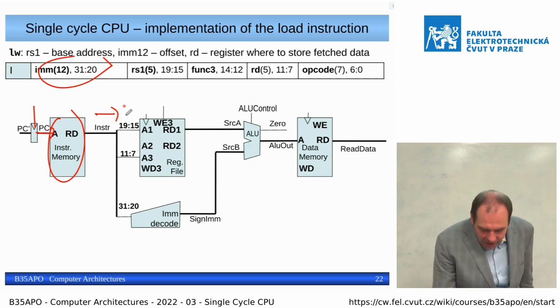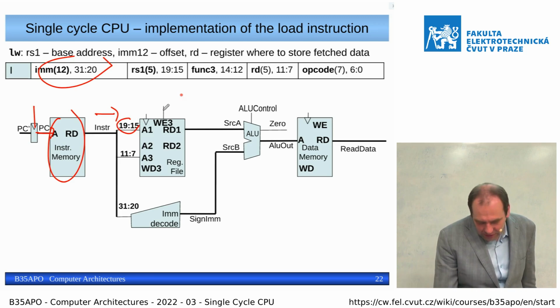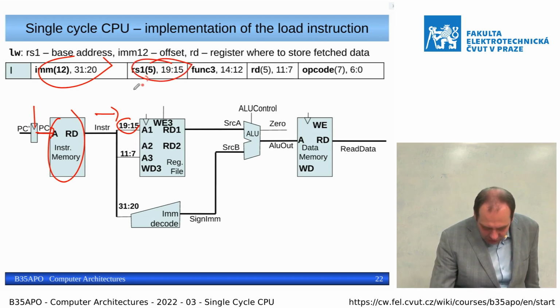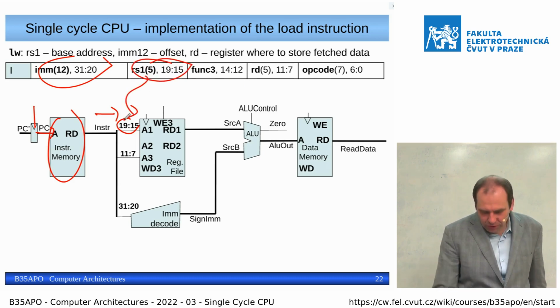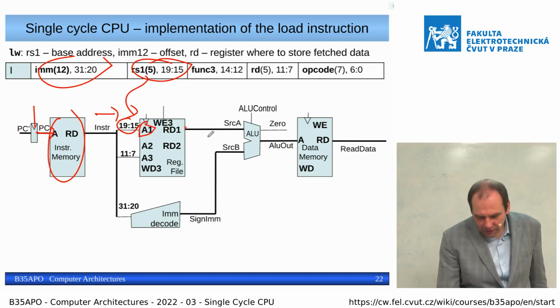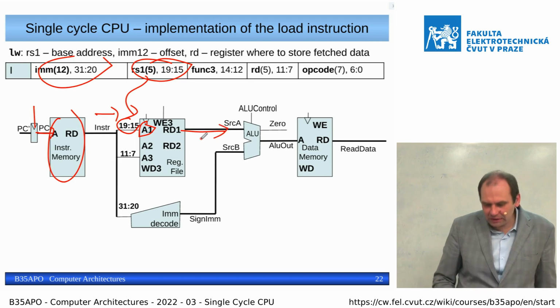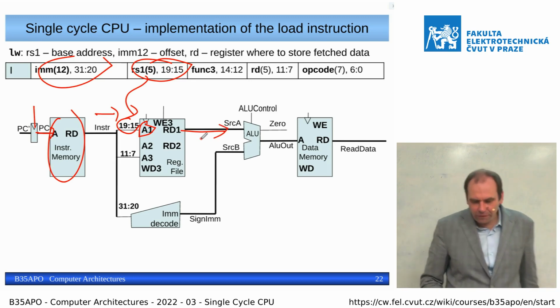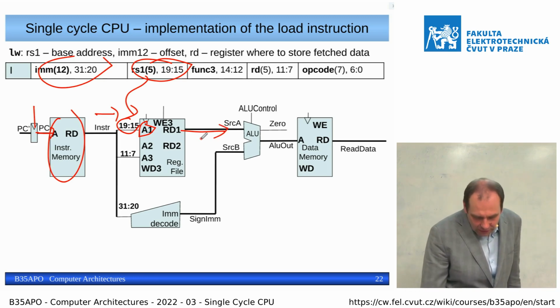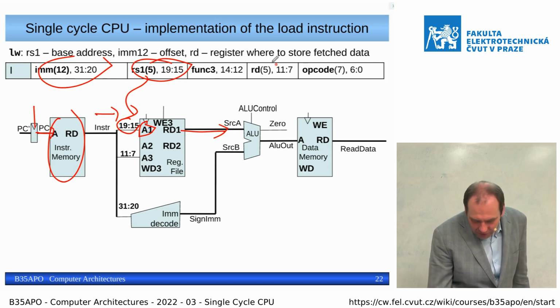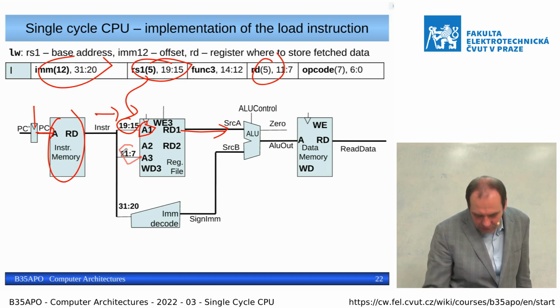We provide bits 15 to 19 from the instruction to the first input of the register file. Register file provides the actual base address for the addressing. Then we select that we want to write to the register given by those bits.